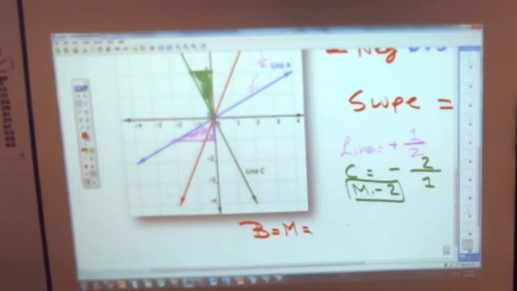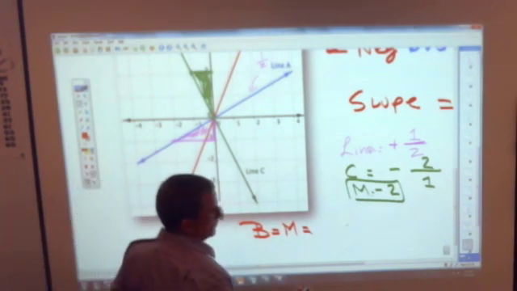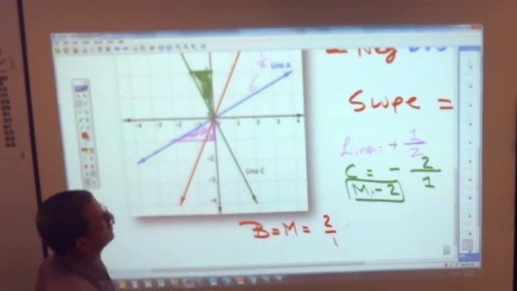What is the slope of line B? Aiden is going to say it is 2/1. Aiden says 2/1. Everybody else on that wagon?